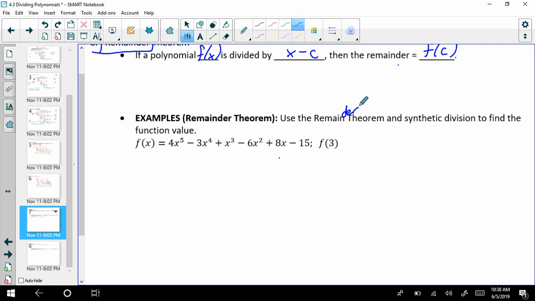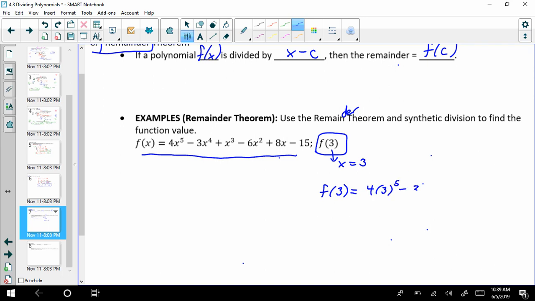Up until now, if I would have given you a polynomial and I would have said, hey, find f of 3, what you probably would have done, we know this means x equals 3, so we would have substituted 3 in. Let's actually do that really quick.